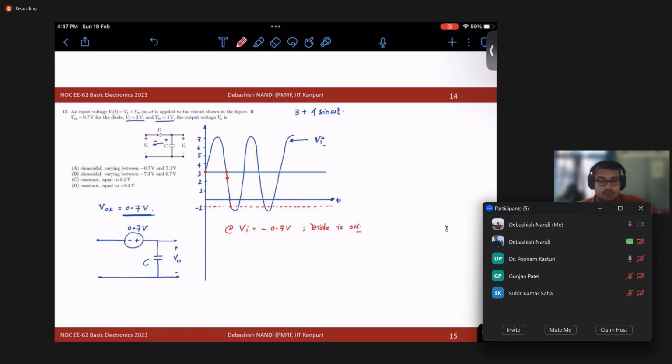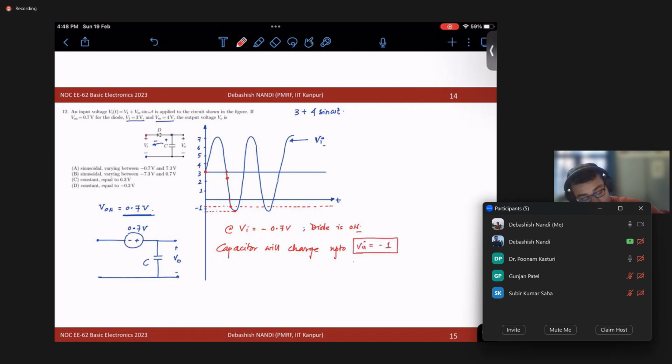The capacitor will charge up to what voltage? Till minus 1 only, I feel. The capacitor charges maximum when this voltage V in is minus 1, right?